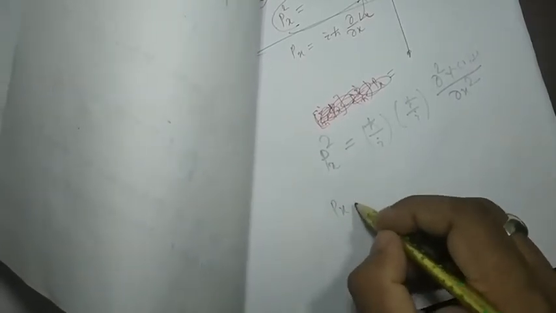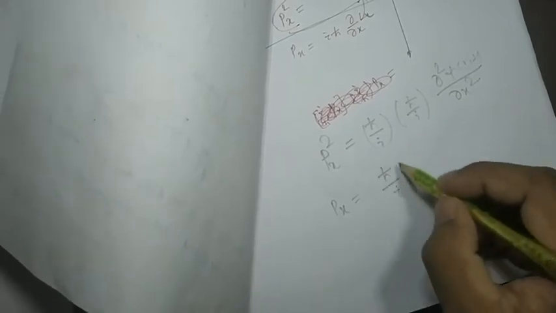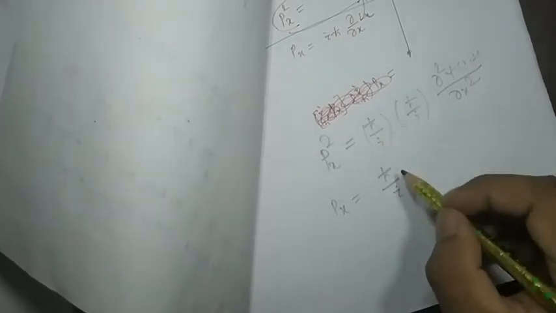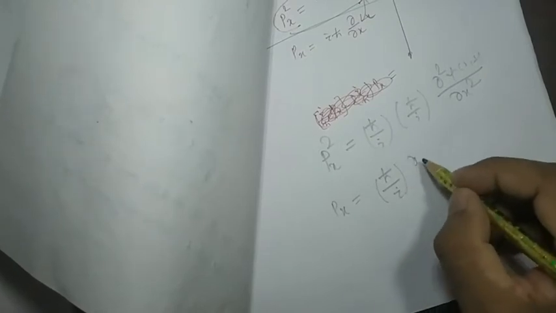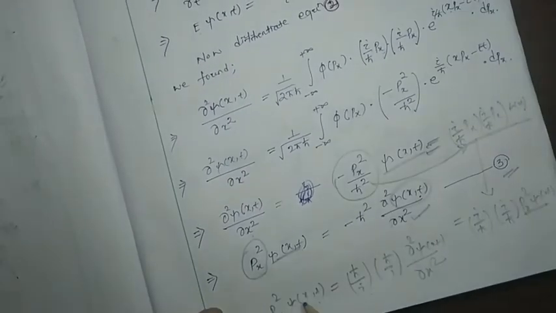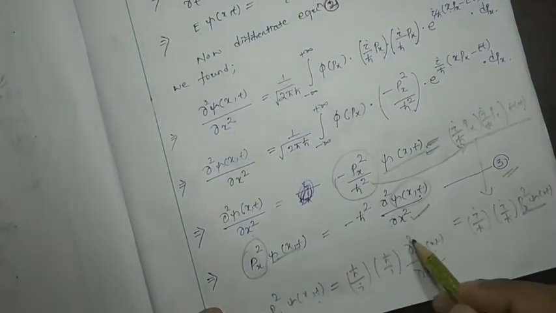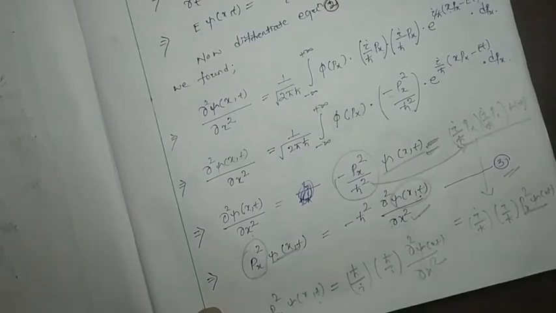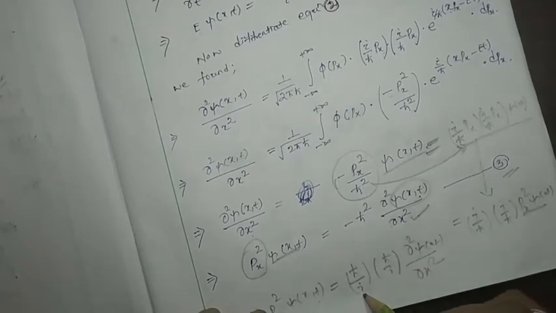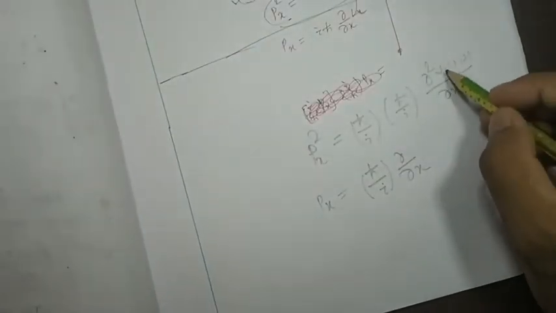So now px will be the root of this, or we first take only one term, that will be h cross by i del by del x. So px square psi(x,t) will be h cross by i del square psi(x,t) by del x square. So only px square will be h cross by i del square by del x square.